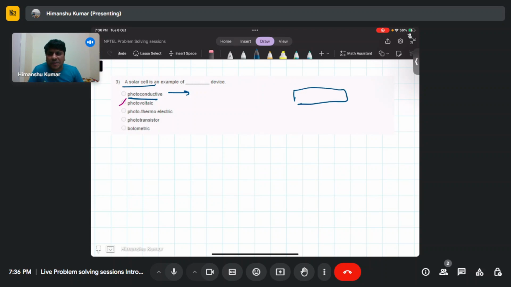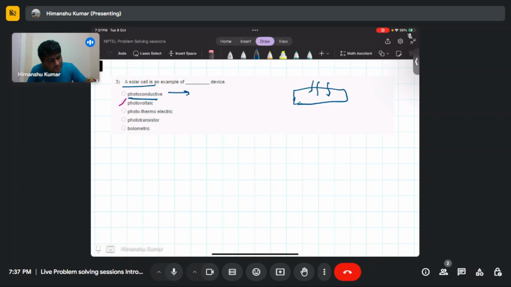If you take a piece of semiconductor and generate more and more carriers inside it, you change its conductivity, and you can also use this as a kind of photo sensor to sense the photons.